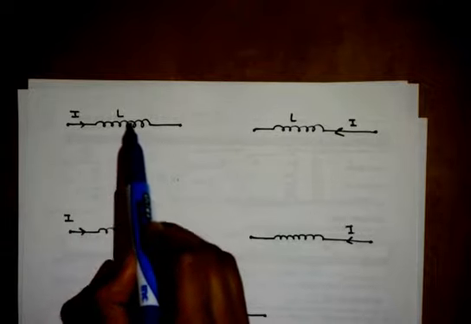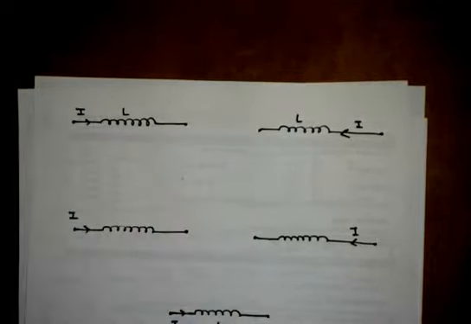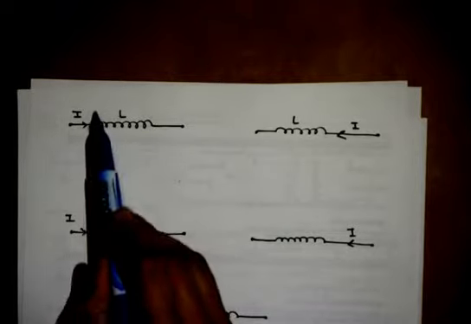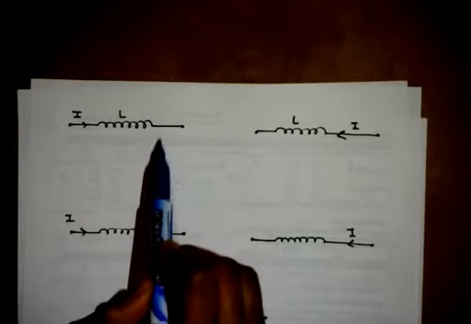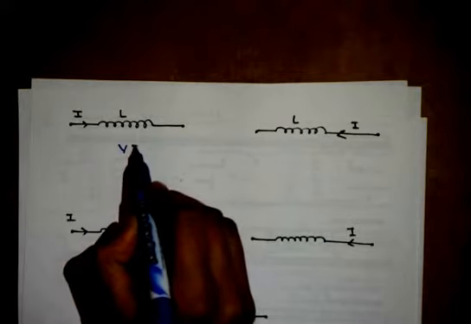Suppose this is a solenoid through which the current I is flowing, and suppose the value of self-inductance is L. Now when the EMF is induced around this solenoid, we have to tell what will be the sign of that EMF.